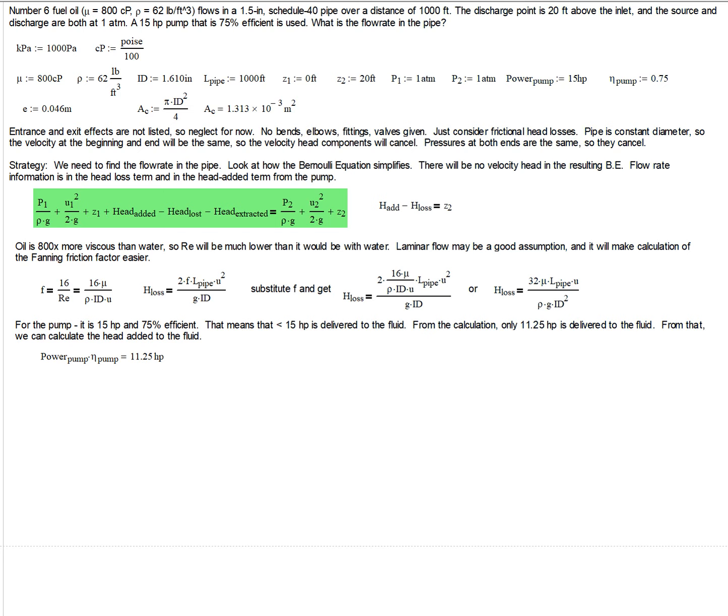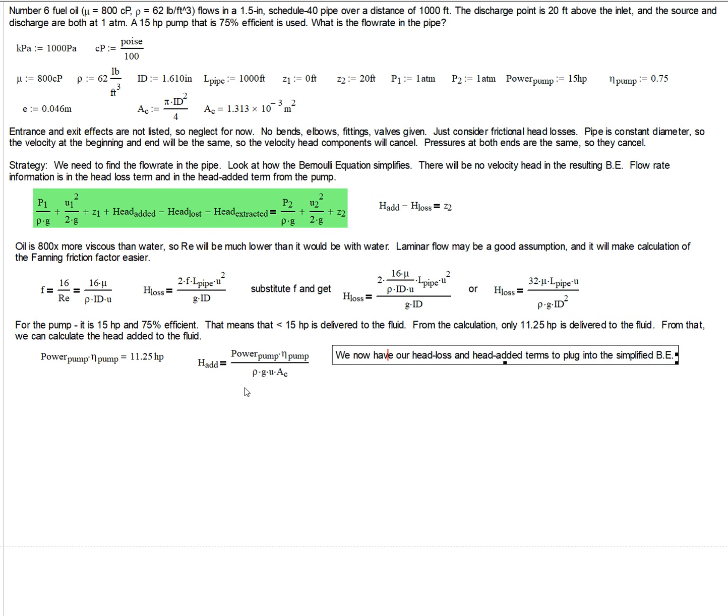And then if you remember, the relationship between the head added and the power that is added to the fluid is the weight of the fluid times the volumetric flow rate.